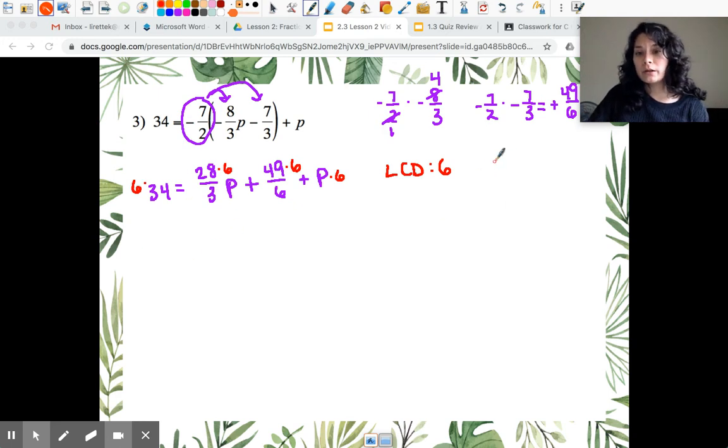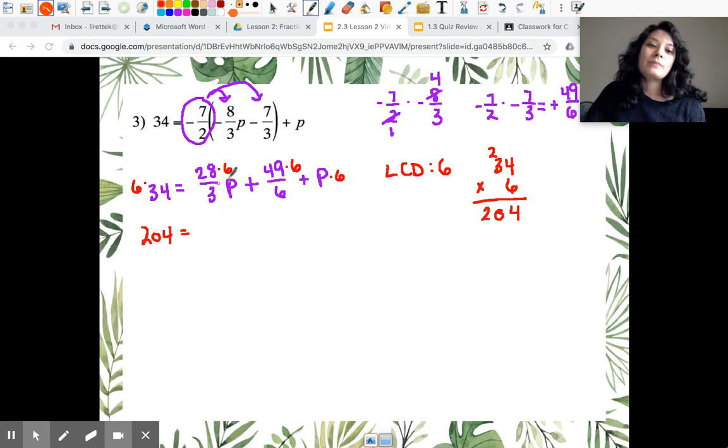34 times 6, I'll have to do that off to the side real quick. 6 times 4 gives me 24. 6 times 3 is 18, plus 2 more is 20. So we get 204. 3 can reduce with 6 and make it a 2. Remember, all these denominators are going to turn into 1s. 28 times 2. If you can't do that in your head, do it off to the side. 8 times 2 is 16.